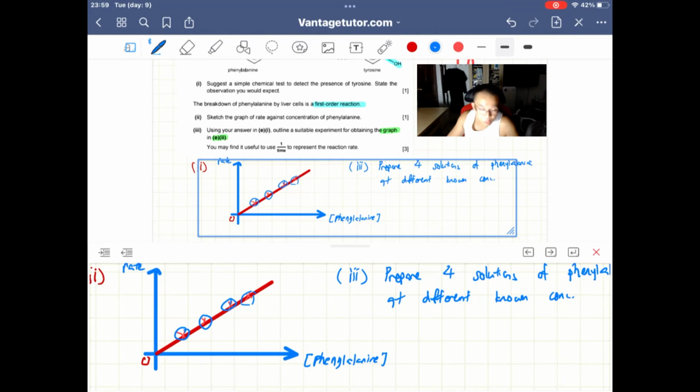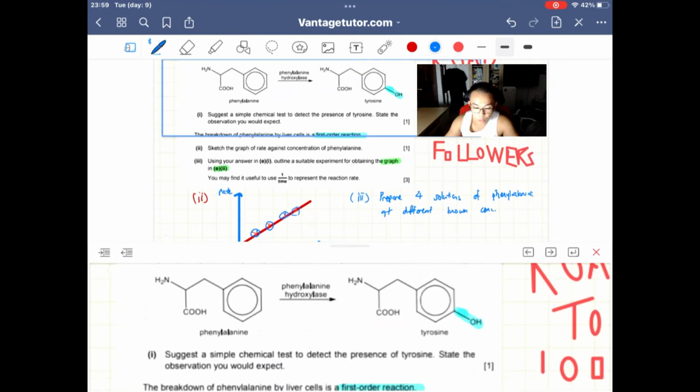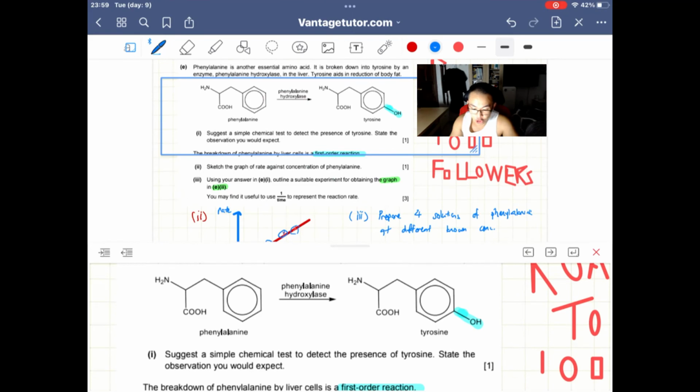Okay, now to get your y coordinates, which is your rate, that's obviously what you're trying to measure, right? But how do I measure the rate? How do I tell how much of my phenylalanin has reacted away, right? So this is where I link back to my part 1, which is that I know that my phenylalanin changes to tyrosine in this breakdown.